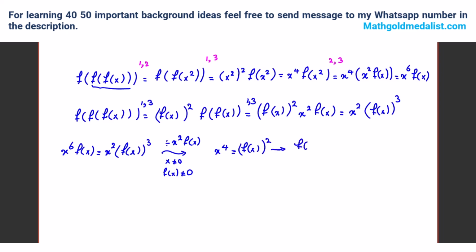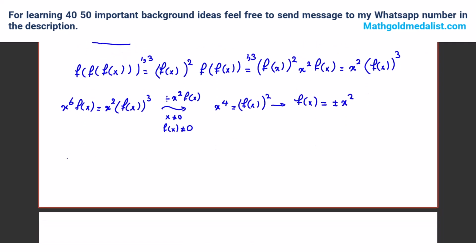So from here, we can conclude f of x is equal to plus minus x squared, okay? From real numbers to real numbers. So we can conclude f of x can be 0, because here we consider it's not 0, or plus minus x squared. Now we want to see, is it possible that for some x's f of x equal to 0, for some x's f of x equals plus x squared, or something like this?